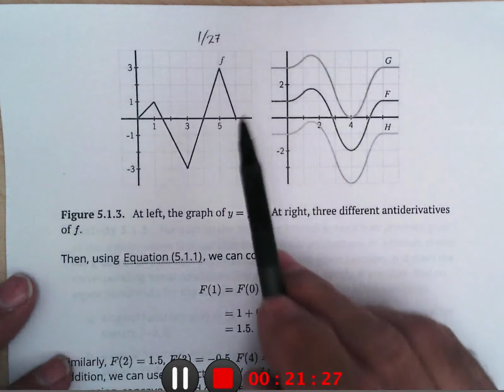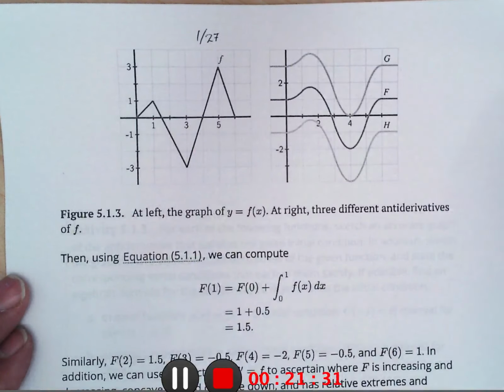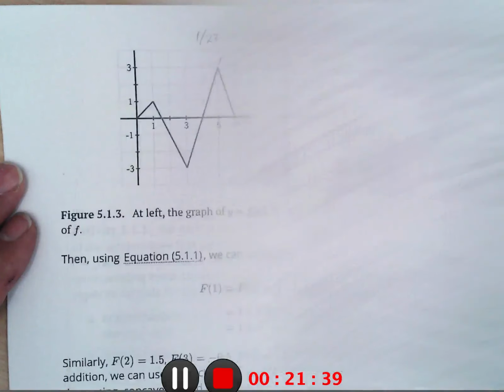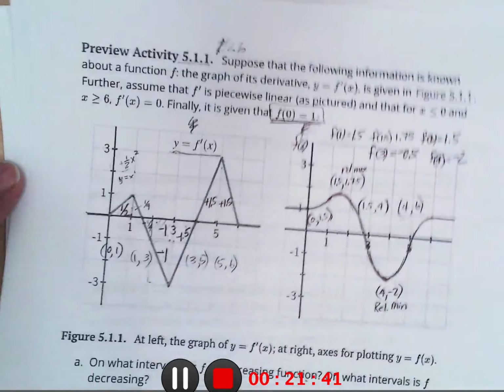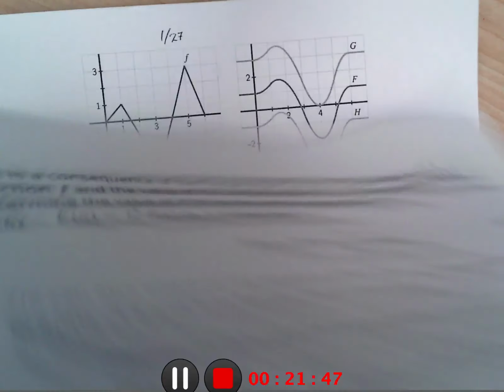This was the preview activity, which we just did. You notice it's the same shape here. And notice that the graph that we got starting at 1 is this one right here.